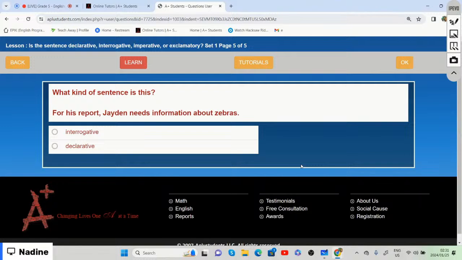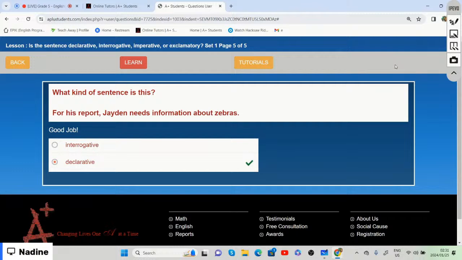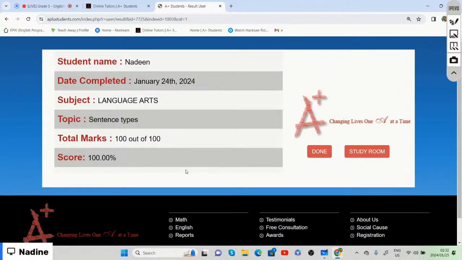And if we choose the correct type of sentence, then we will say it's a declarative sentence. It's basically also a statement that is being made. And that is correct. So well done. Well done, everybody.